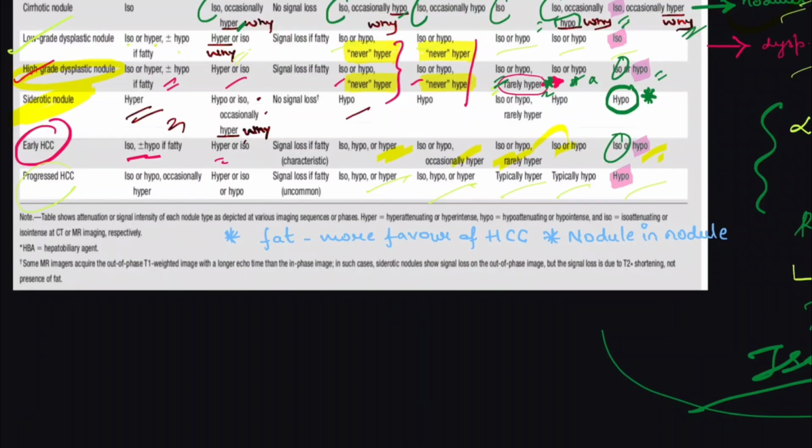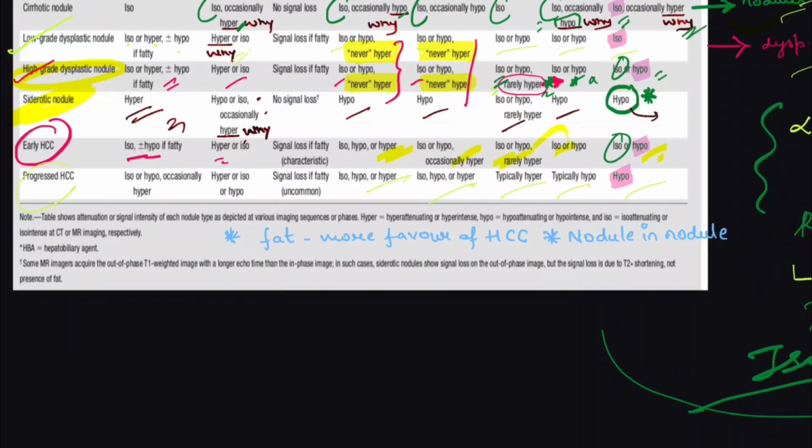They are T2 hypo because of the T2 star shortening effects of iron. They are diffusion hypo, iso or hypo on arterial phase, iso or hypo on venous phases, and on the hepatobiliary phase they are hypo, not because they don't have hepatocytes, but because of the iron, which has T2 star shortening effects.